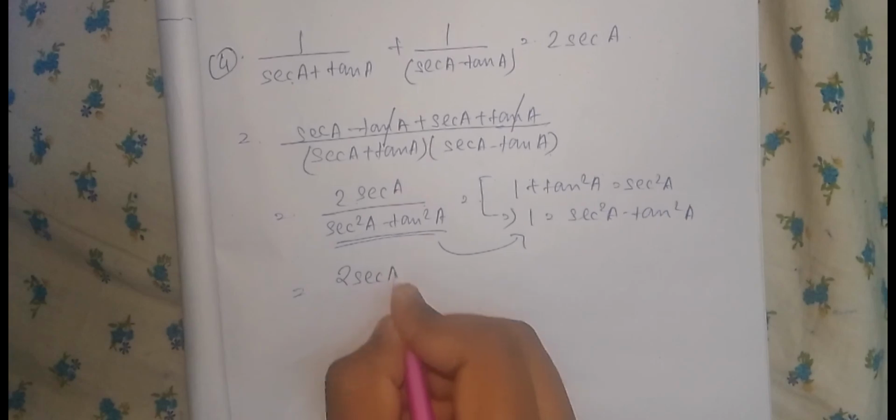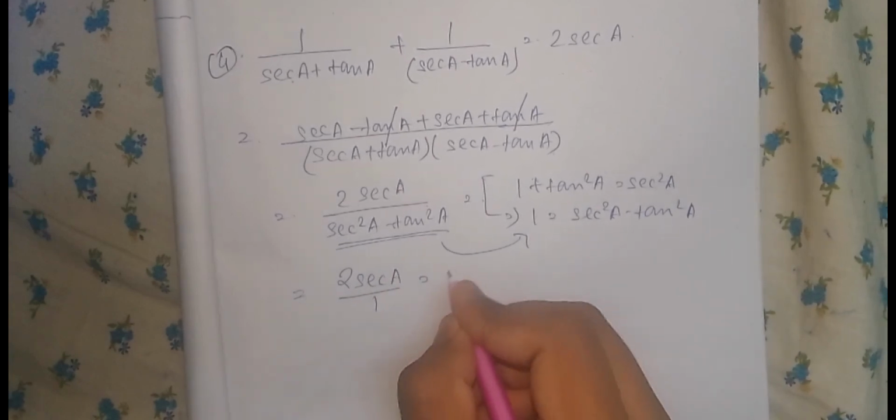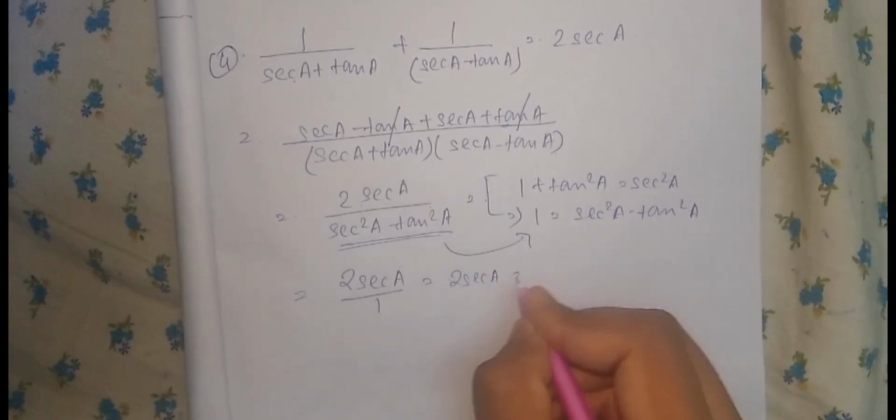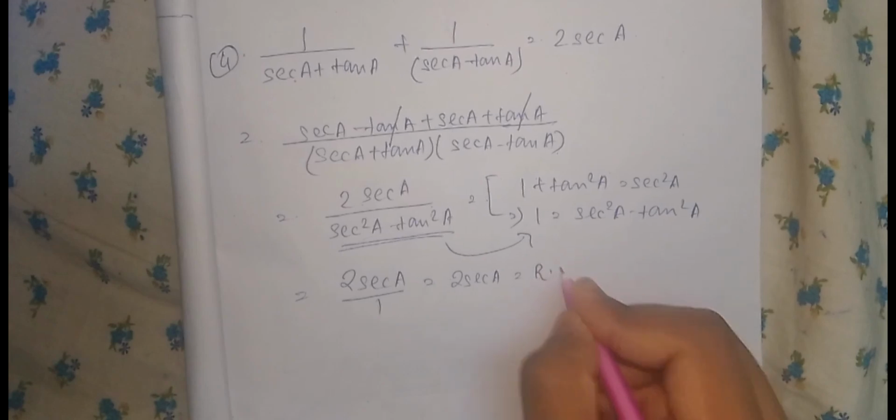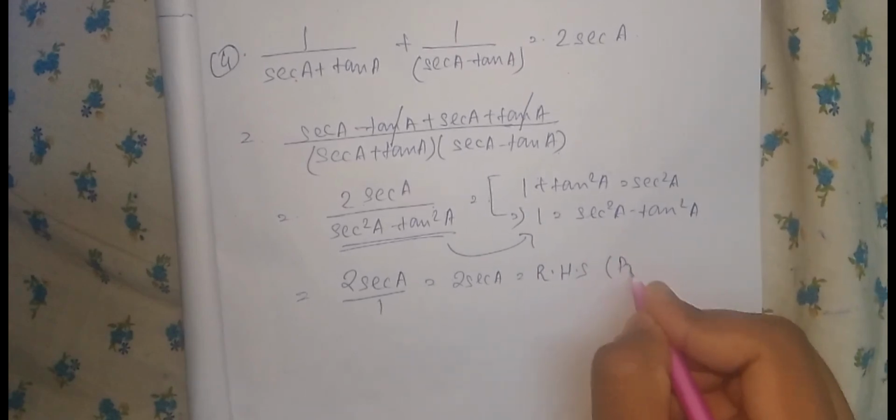So 2 sec A by 1 will result in 2 sec A, which is our right hand side. Hence our sum is proved.